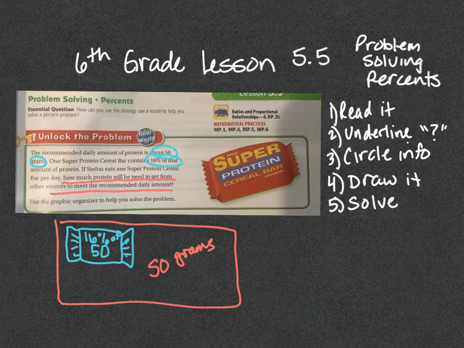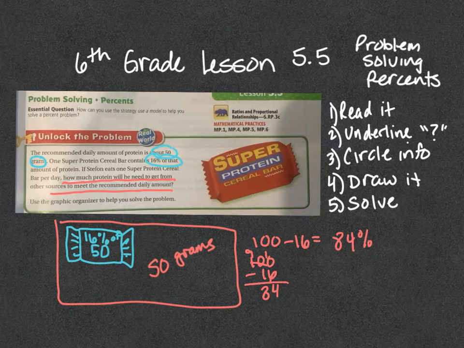Okay, so my brain is kind of digesting this and saying, okay, if this all is 100% and he's getting 16%, the question is how much more will he need? So I need to know the rest. So I'm going to take that 100% and subtract from it the 16%. And that's going to give me, I have to calculate it, 84%.